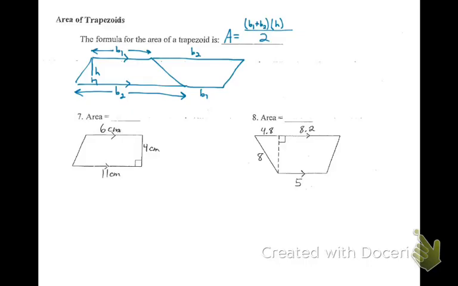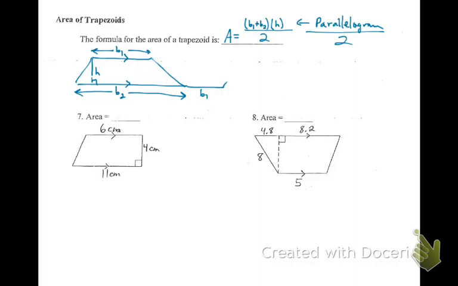Notice that creates a parallelogram, and the area of a parallelogram is base times height. So the base is base 1 plus base 2, times the height, which is h. However, that's twice the original figure, so you have to divide by 2. So really, this is a parallelogram just divided by 2. Okay, so just a little explanation as to why that formula is written that way.